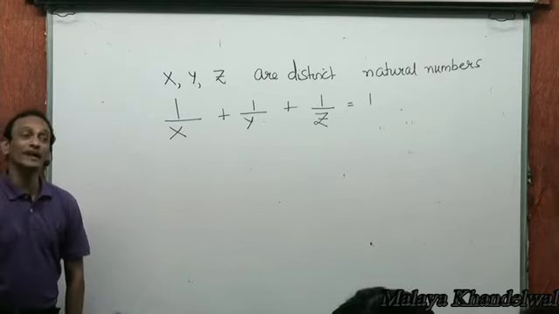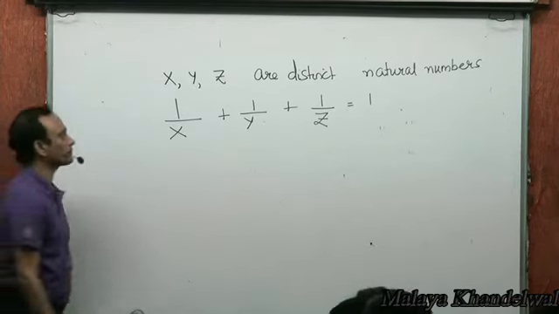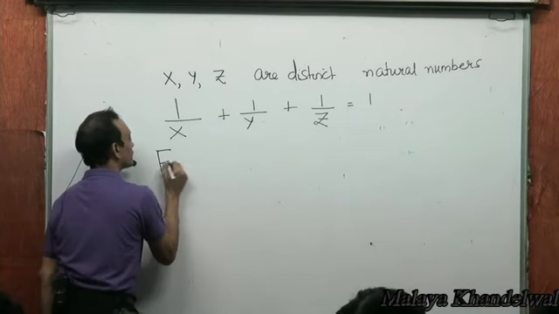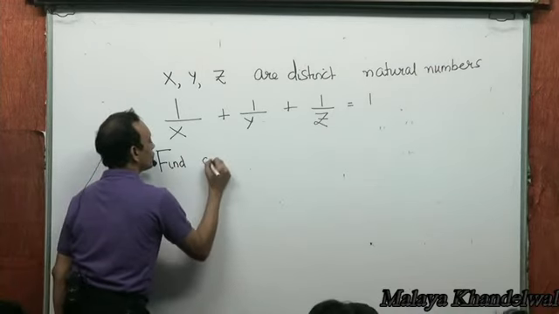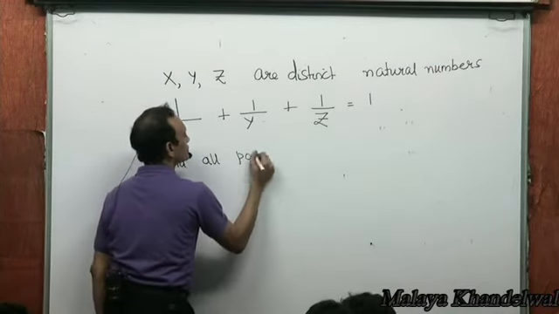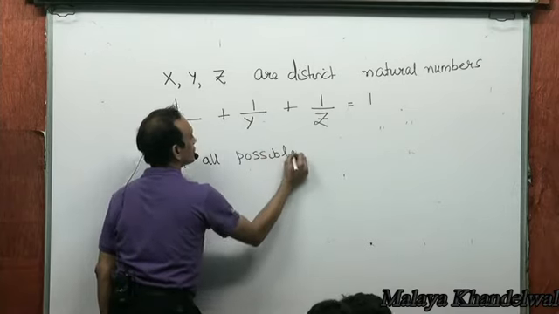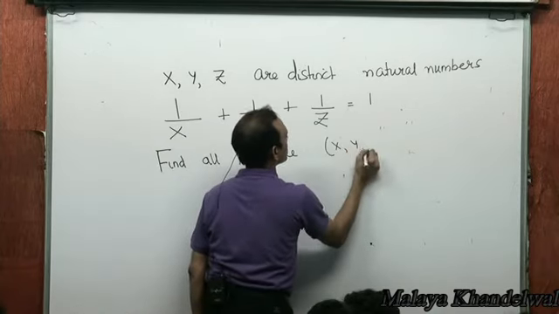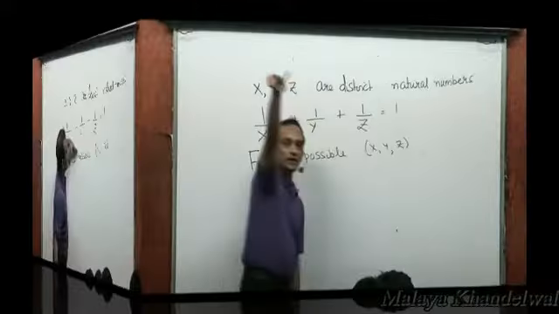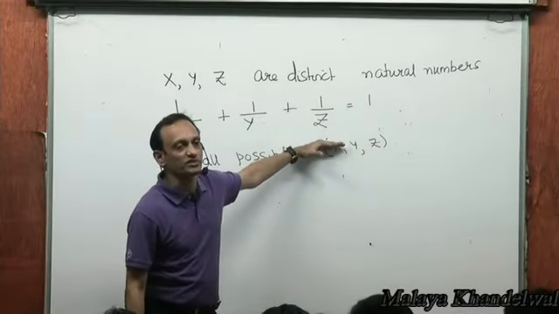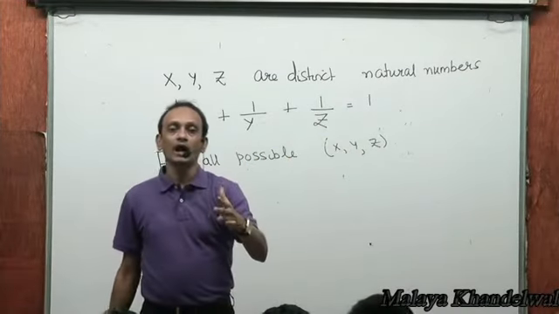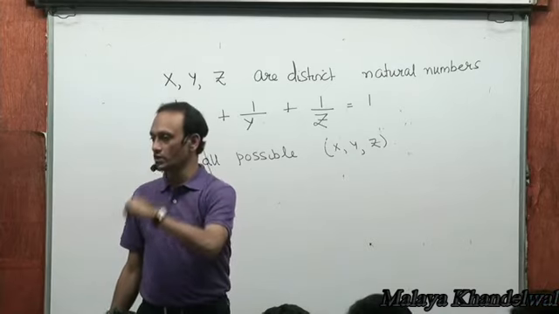Alright. X, Y, Z are distinct natural numbers. Find all possible triplets X, Y, Z. Stand by. Values of X, Y, Z commensurate with this, given that X, Y, Z are distinct natural numbers.